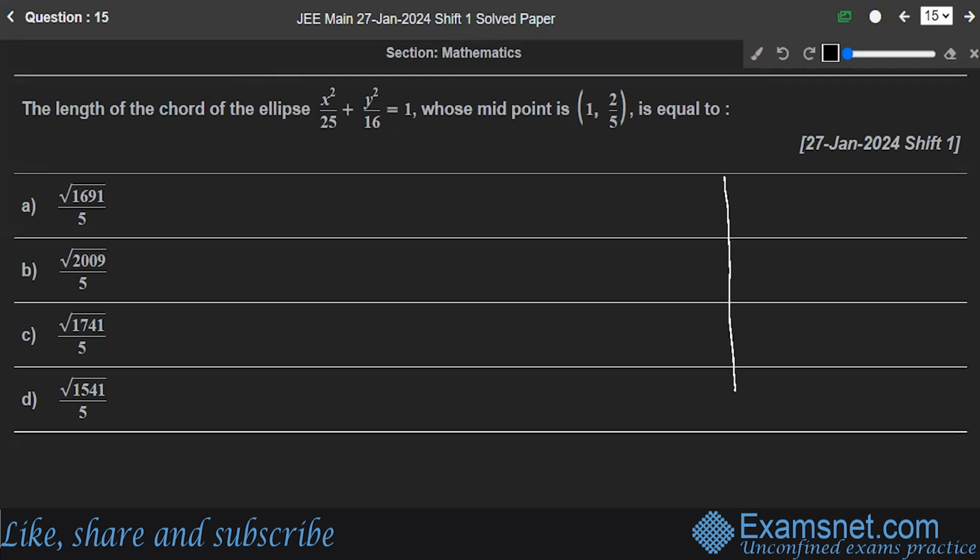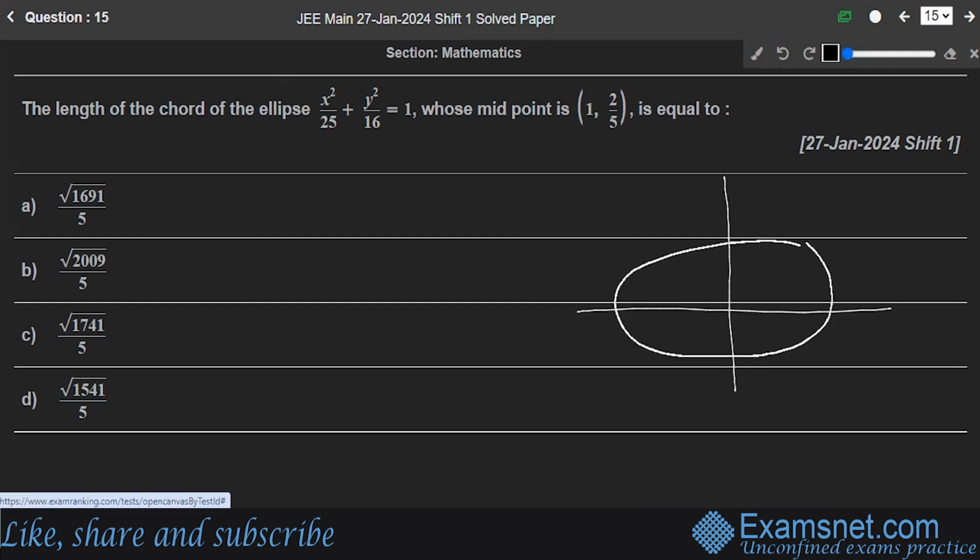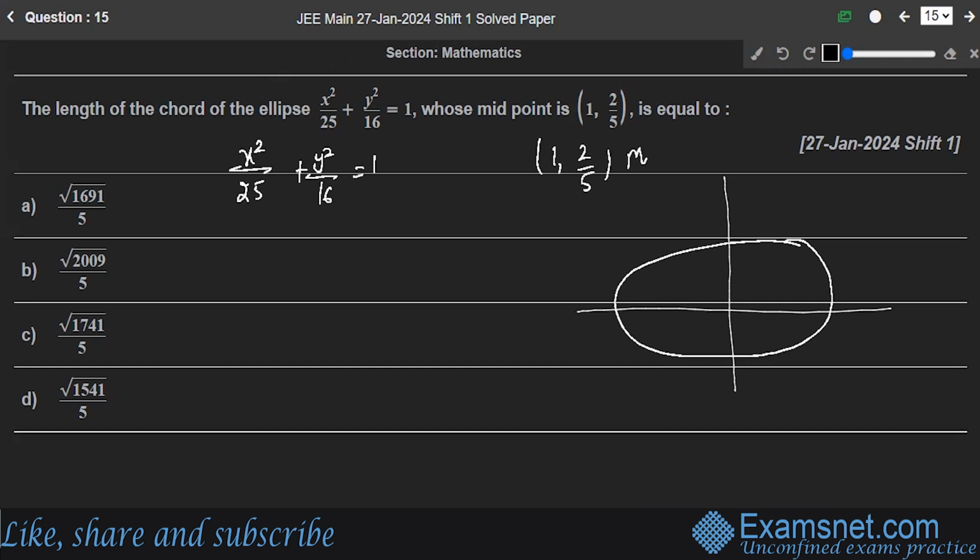So you have this ellipse. This is your horizontal ellipse, x square upon 25, y square upon 16 is equal to 1, and the midpoint is given to you as 1 comma 2 by 5. Let this be any chord, and this is the midpoint of the chord, given by 1 comma 2 by 5.